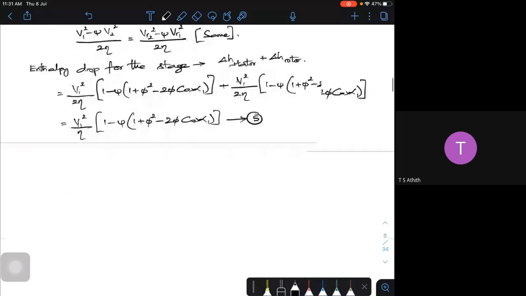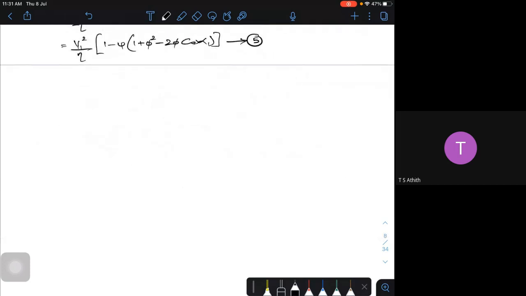Let's obtain the expression for work done per kg of steam. Work done per kg is VW1 minus VW2, so this will automatically become plus VW2 into U. Already we know this.